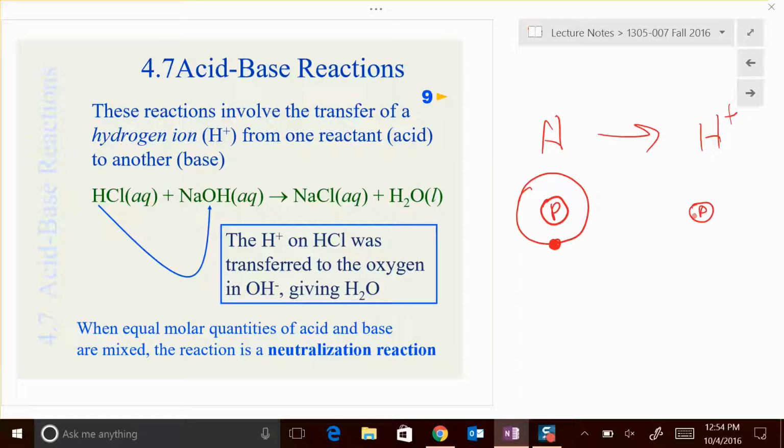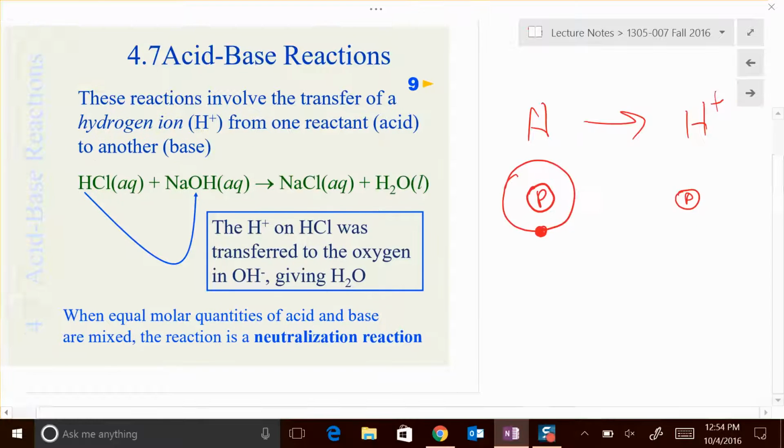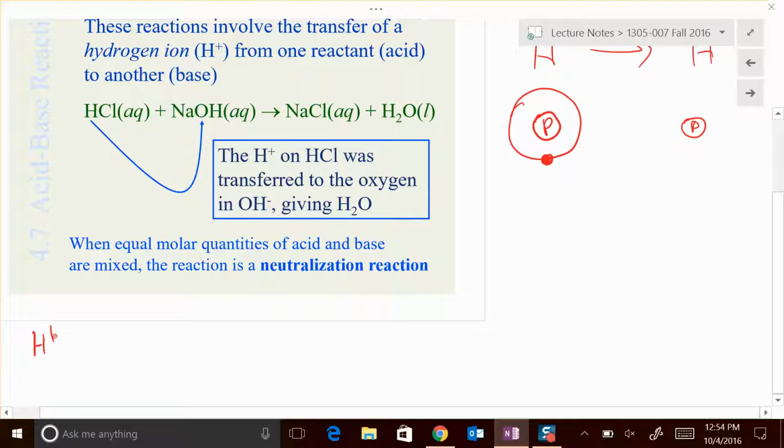So here we have a strong acid, hydrochloric acid, and a strong base, sodium hydroxide. So really, in solution, this is H plus Cl minus plus sodium plus OH minus. Okay?